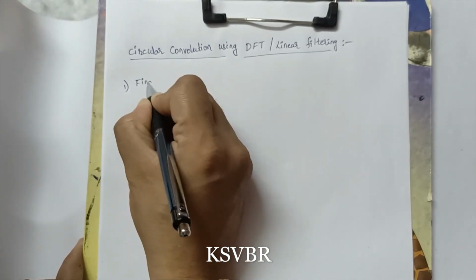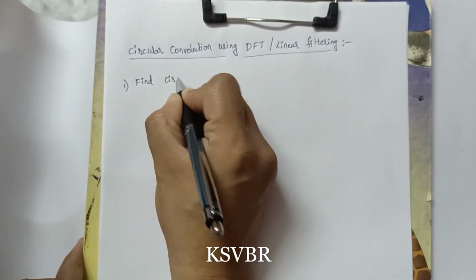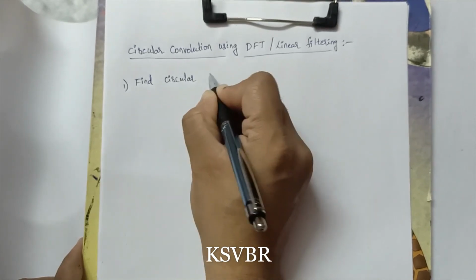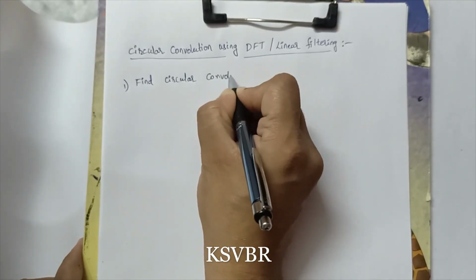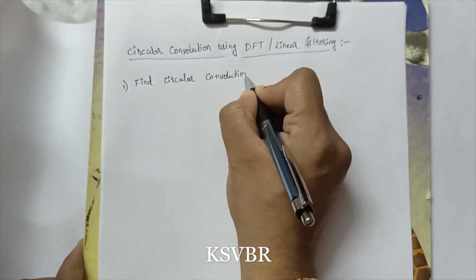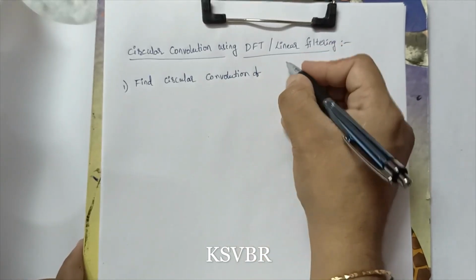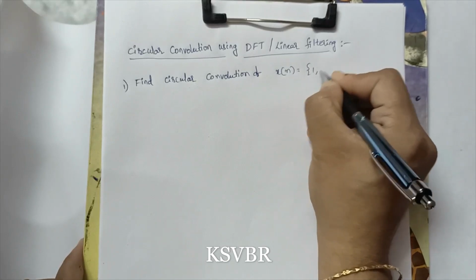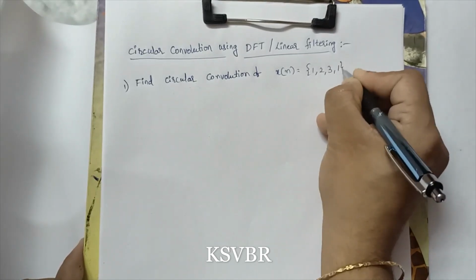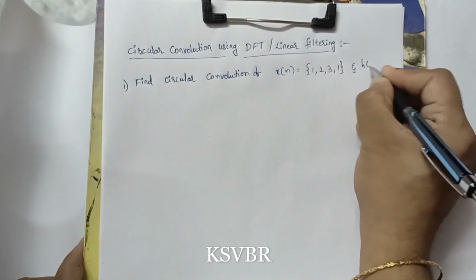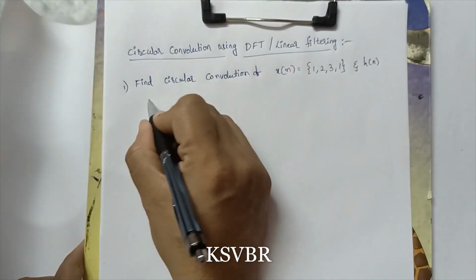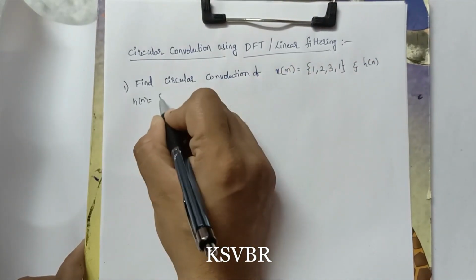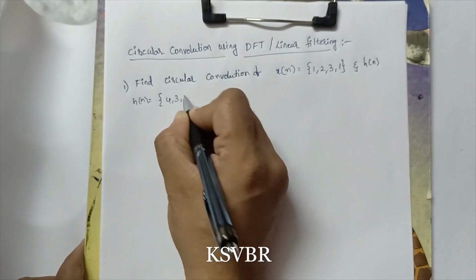The question is: find the circular convolution of x of n equal to 1, 2, 3, 1 and h of n equal to 4, 3, 2, 1.